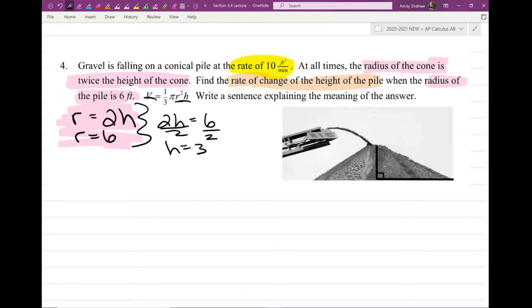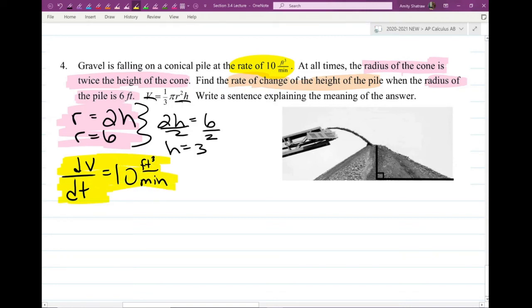So it must be my dV/dt. The gravel is changing the volume of my cone because it's falling onto that pile. So dV/dt is equal to 10 feet cubed per minute. And I now know where to write it, so I'm going to highlight it.